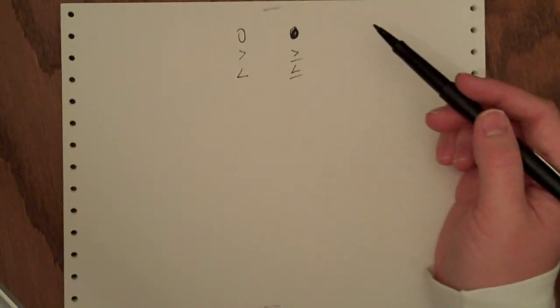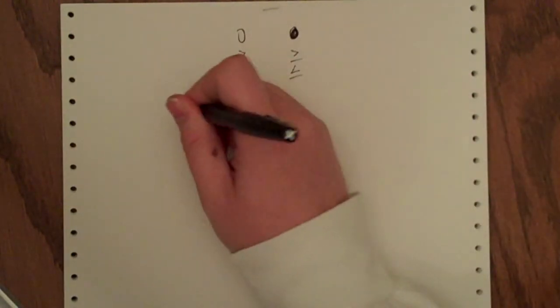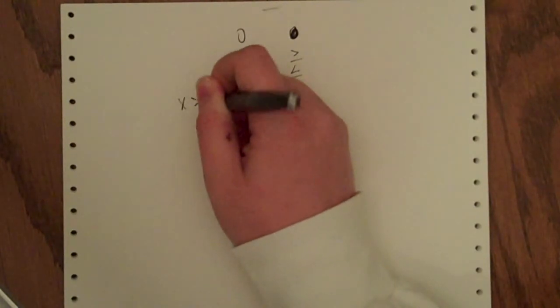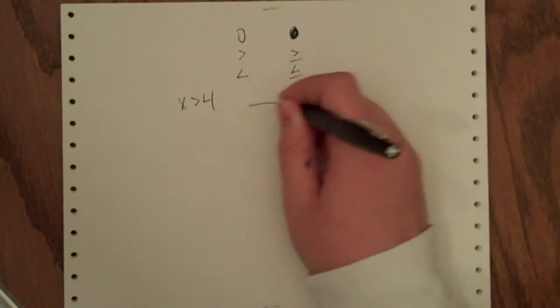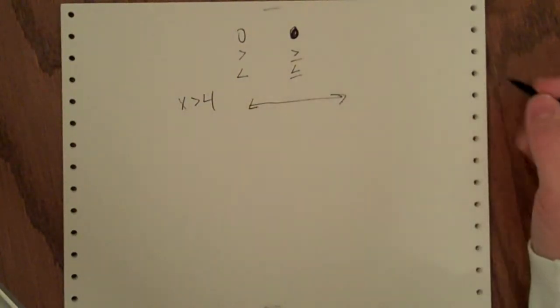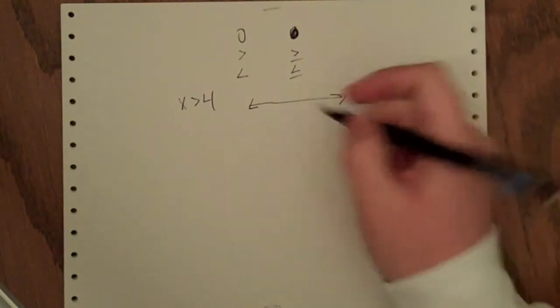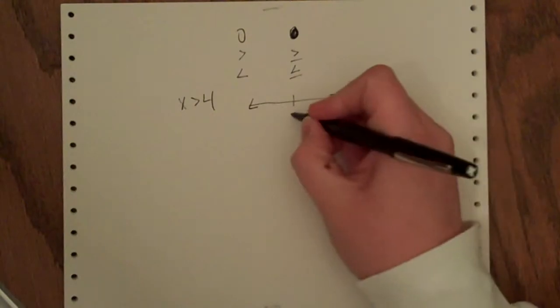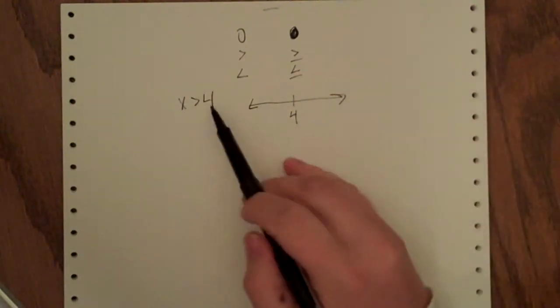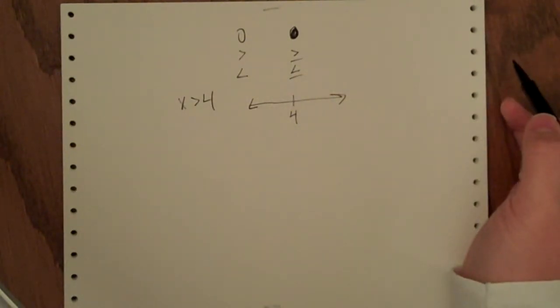So let's start off by graphing the statement x is greater than 4. Now when you're graphing an inequality statement, you're going to start with a number line. In the center of that number line, I want you to put a little tick mark, and I want you to label that with the number from our inequality statement, in this case 4.